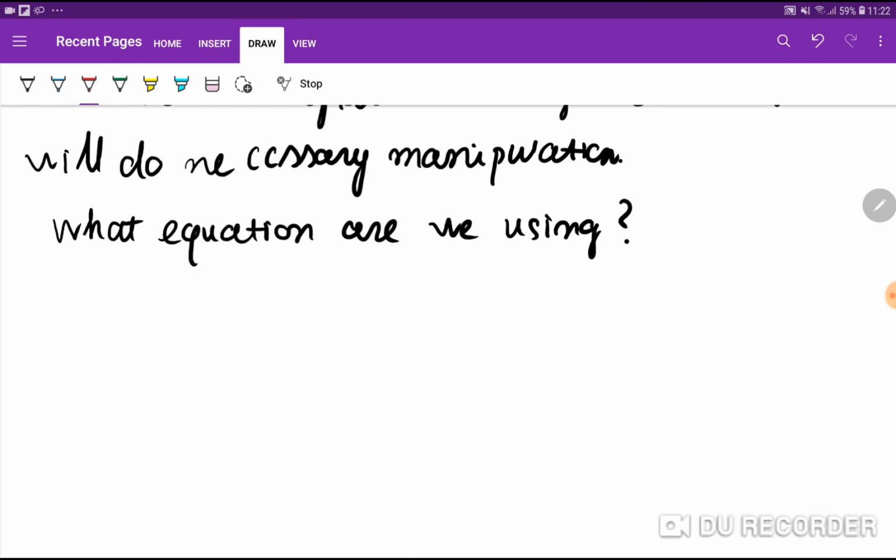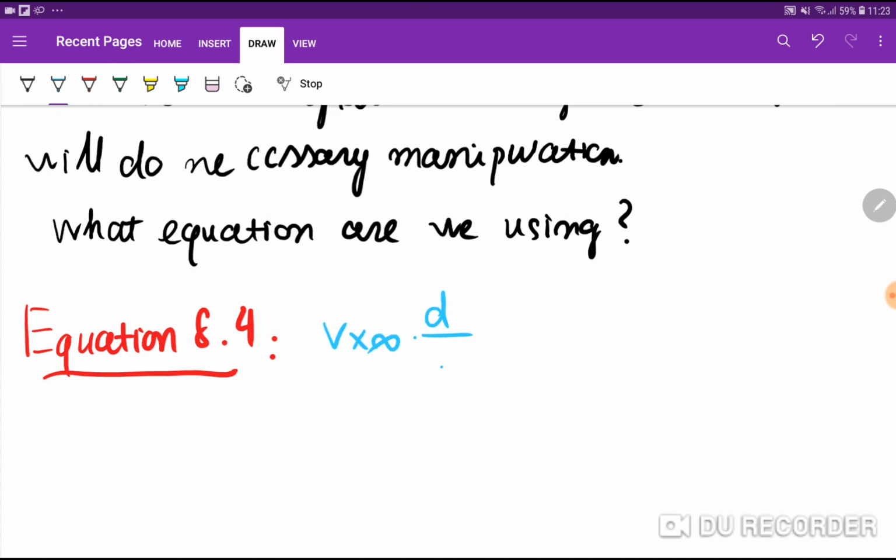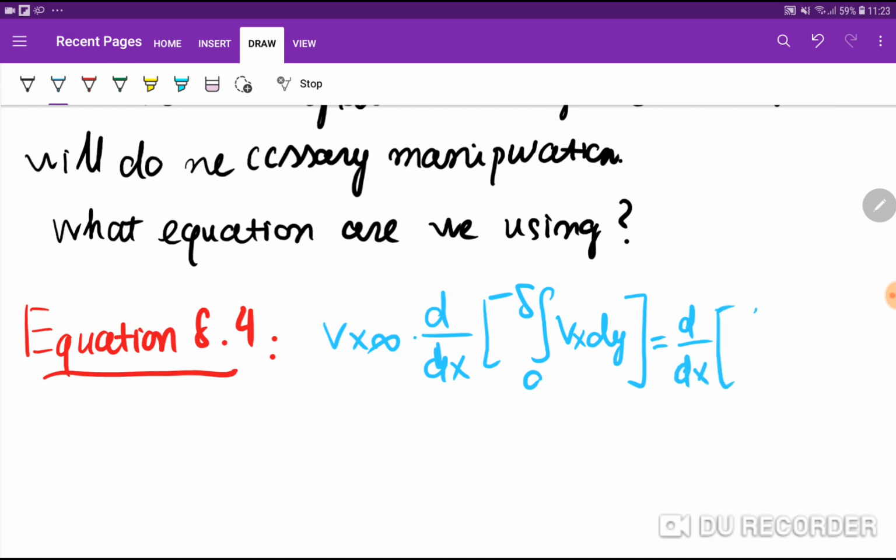Equation 8.4 says, Vx infinity times d over dx of the integral from 0 to delta of Vx dy equals d over dx of the integral from 0 to delta of Vx squared dy plus tau w over rho.